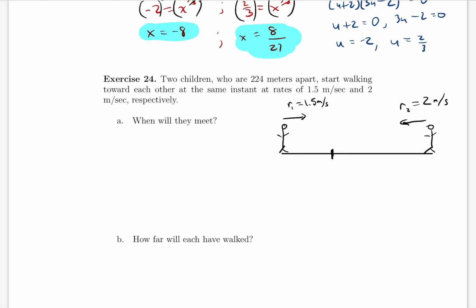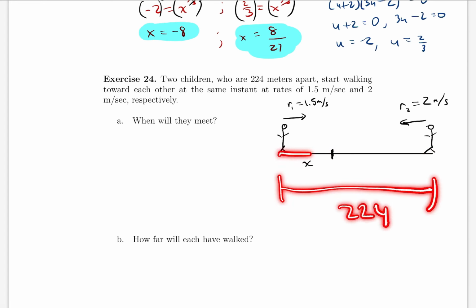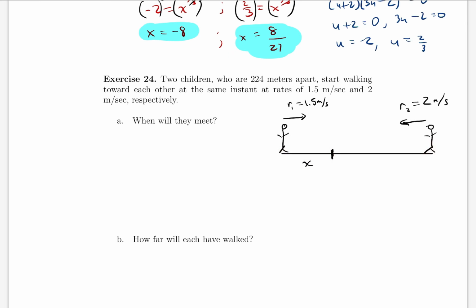So the whole distance is 224. Let's call this distance x. We don't know what this distance is. We just know that this distance plus this distance should add up to 224. So if the whole thing is 224 and this is x, then this distance has to be 224 minus x.